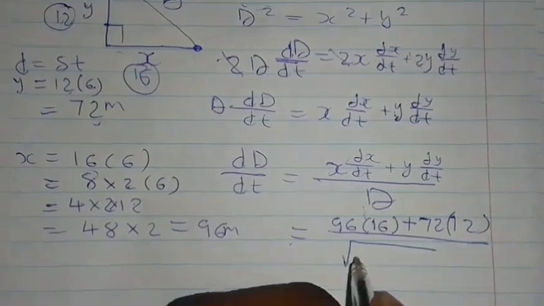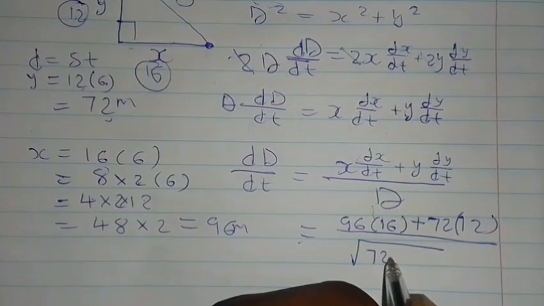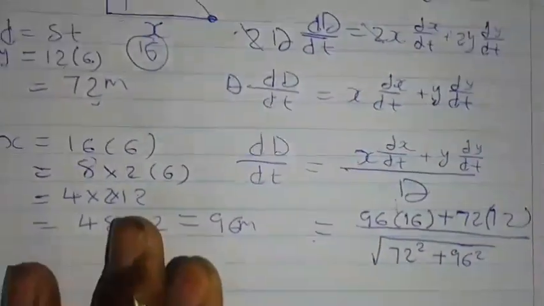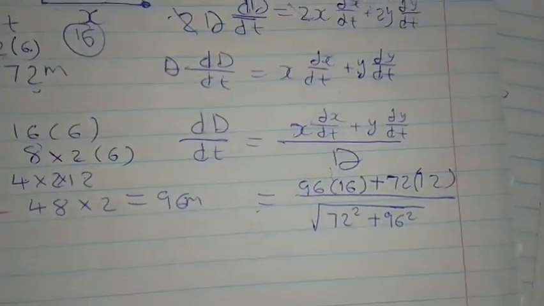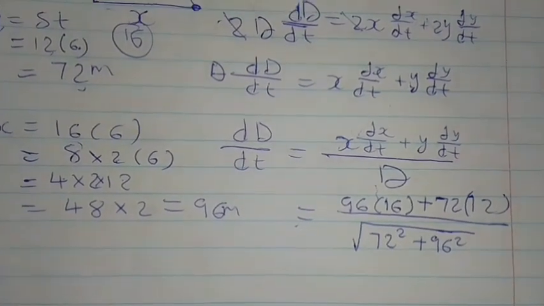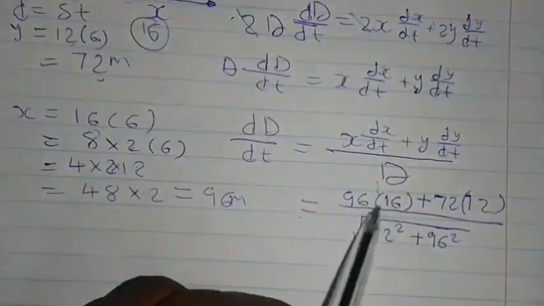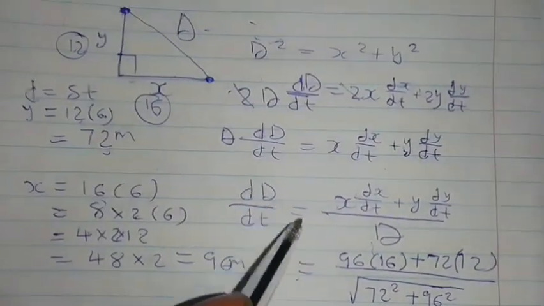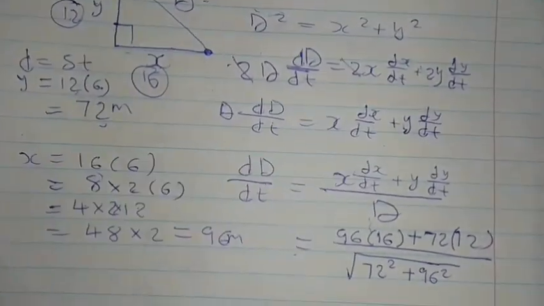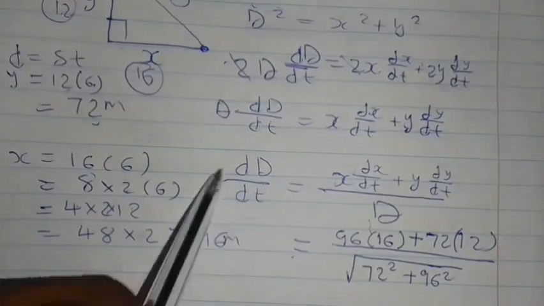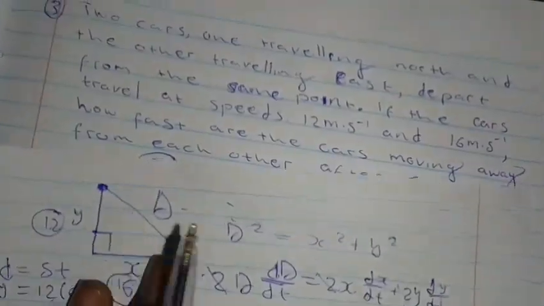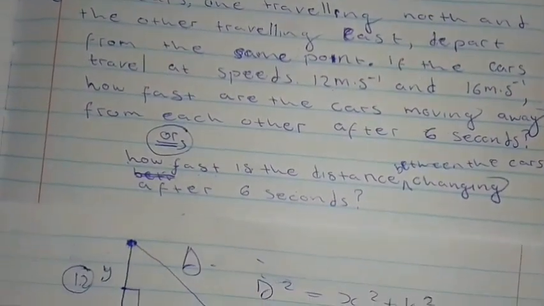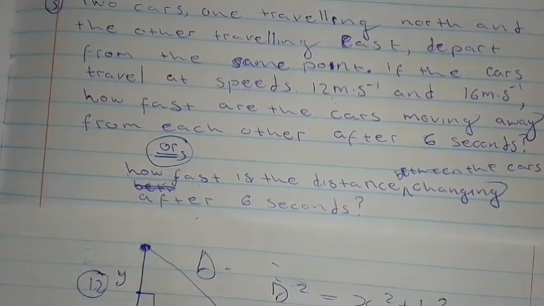In this case, d will be the square root of 72 squared plus 96 squared. Then you can further simplify. I'm not going to do that in this video. But basically this is your approach to rates. This is the application of derivatives. So this will be the rate at which the distance between the cars is changing after 6 seconds.